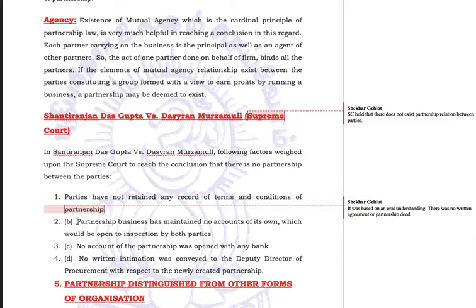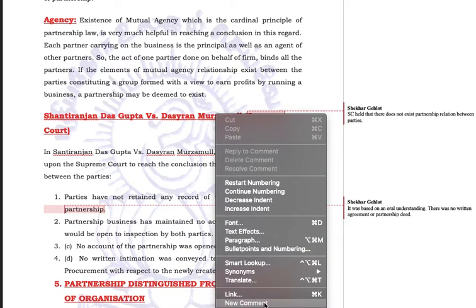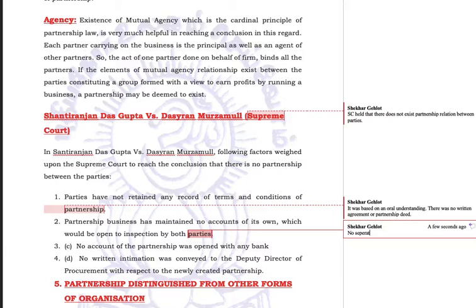Partnership business has maintained no accounts of its own, which would be open to inspection by both the parties. Now, this partnership business is not having a separate bank account. No separate bank account in the name of the firm, no separate work ledger or business ledger in the name of the firm.